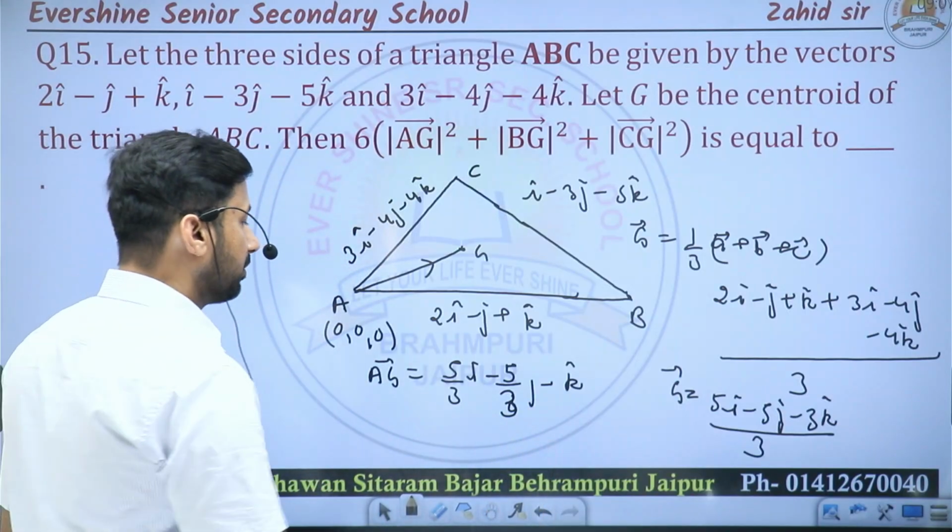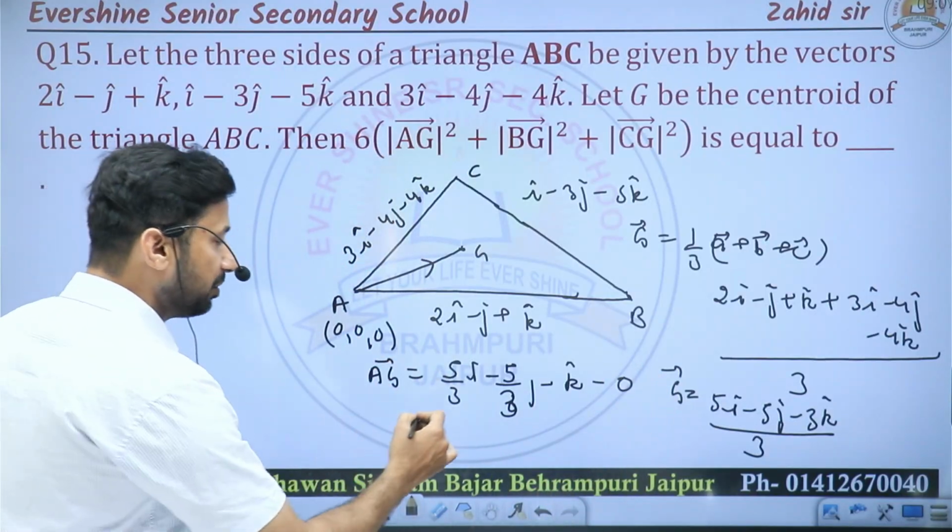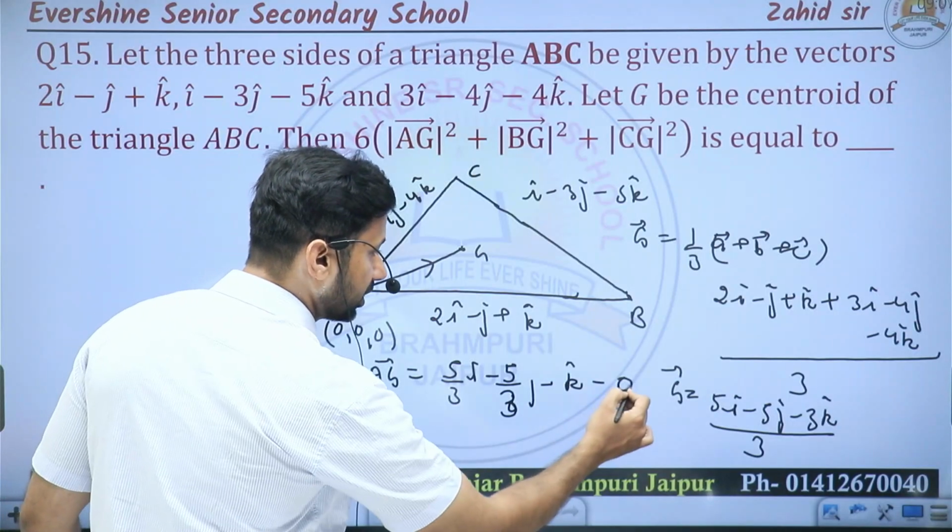So G minus A is G minus 0, so it will be the same result. It will not be changed.